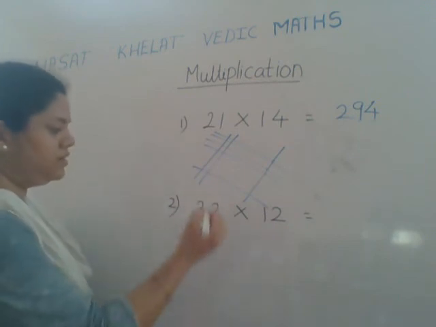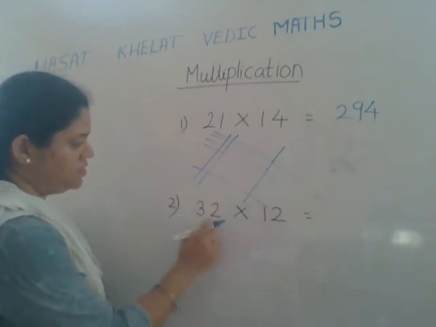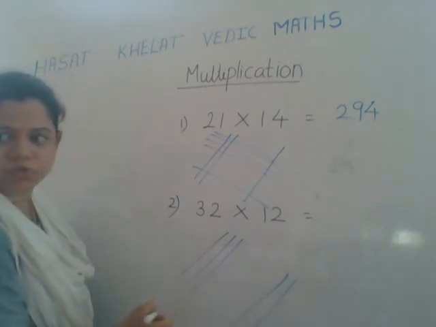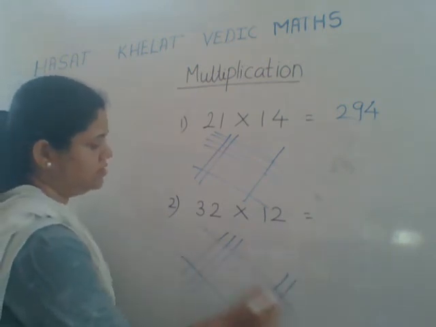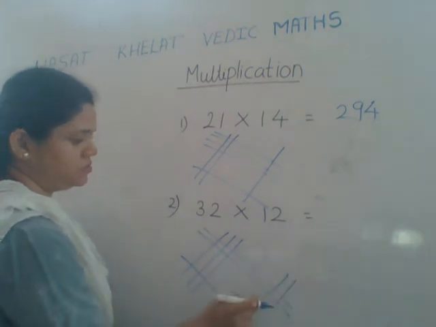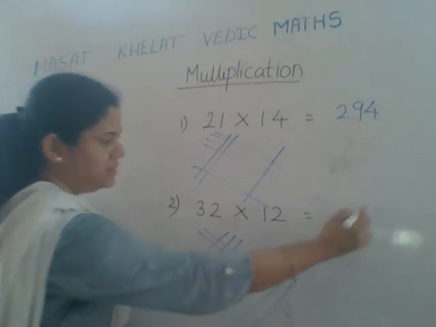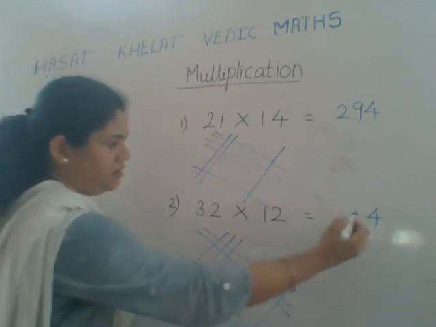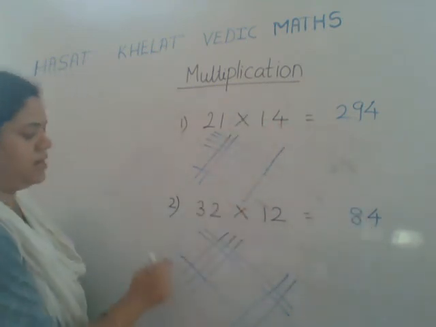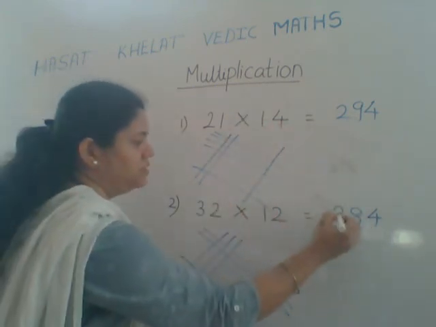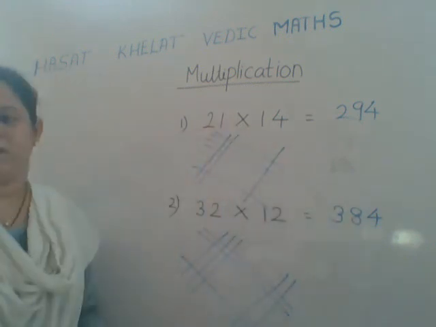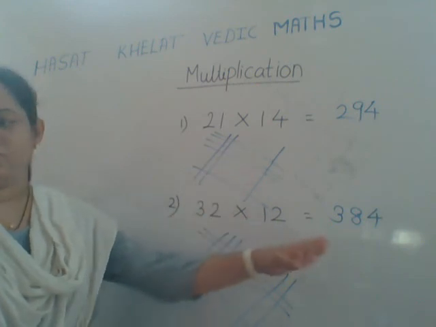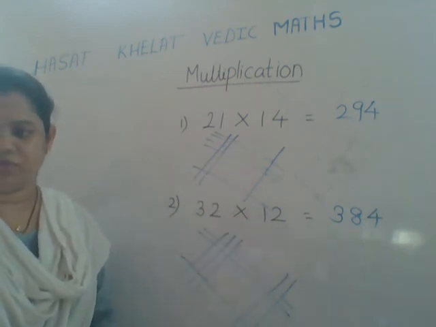And 32 multiplied by 12: 3 lines and 2 lines, then 1 and 2 lines. So to the right hand side there are 4 intersection points. In between there are 8 intersection points, and to the left there are 3 intersection points. So the answer is 384. Okay, 294 and 384.